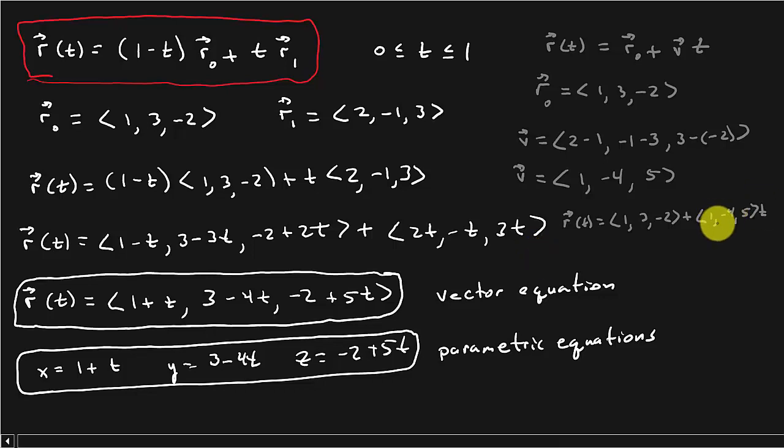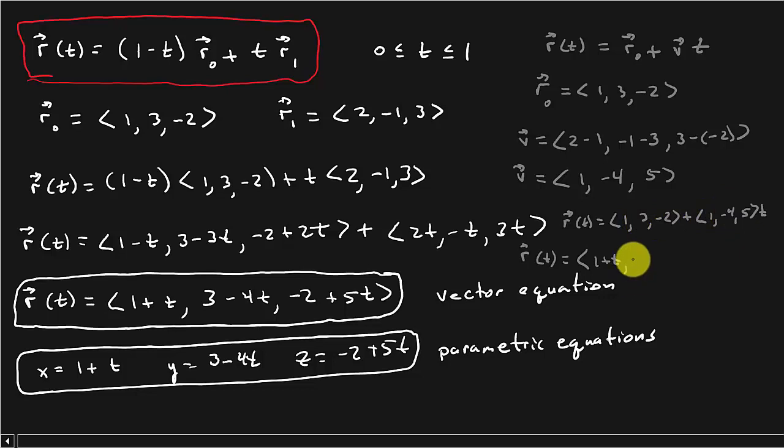Okay, and now we just distribute that t. So r(t) is equal to, distributing the t: 1 plus 1t is 1 plus t.